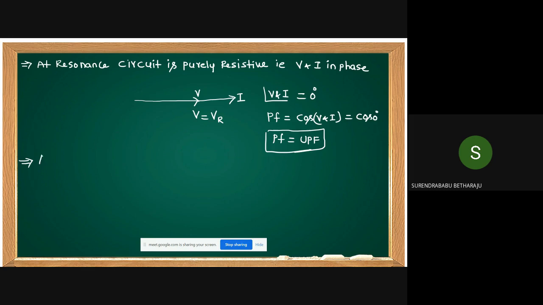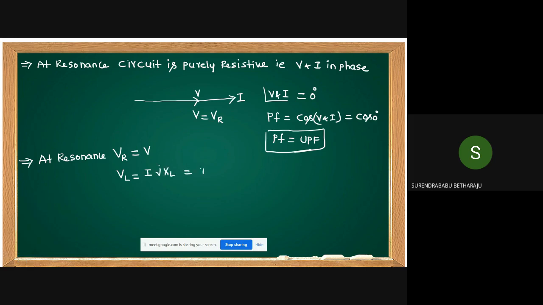Then at resonance condition, to get the complete phasor diagram, see, all these are the observations at resonance condition. VR equal to V. Then what is VL equal to? Voltage across the inductor equal to I into XL. Actually this is I into JXL, for inductive reactance is JXL.